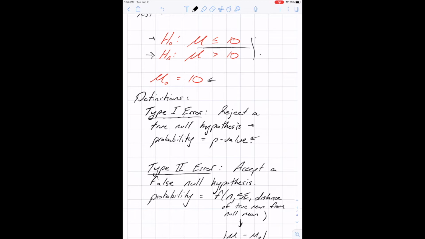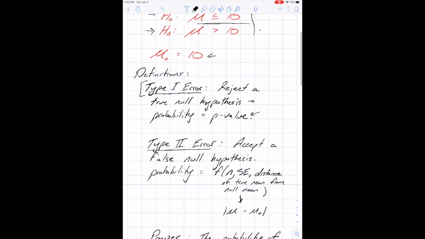Then we'd say I reject the null hypothesis because the probability of me being wrong by doing so is only 2%, and I set myself a threshold of 5%. I came in less than the threshold, so I'll go ahead and reject the null. So alpha is actually the threshold you set for yourself of what probability of a type 1 error you'll be willing to accept.